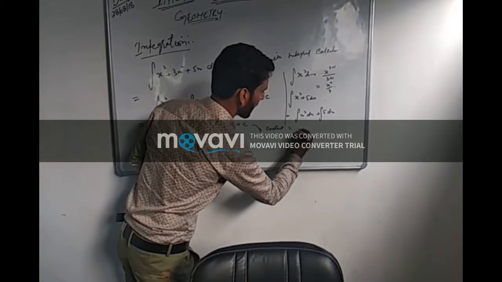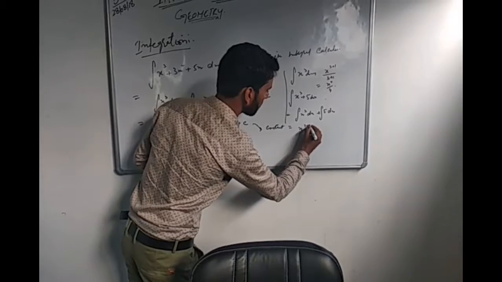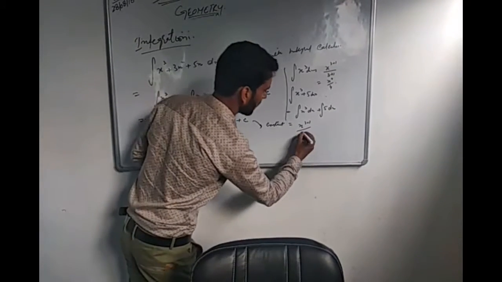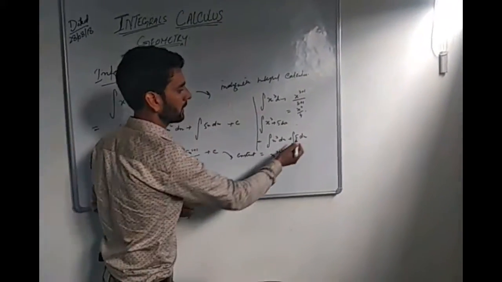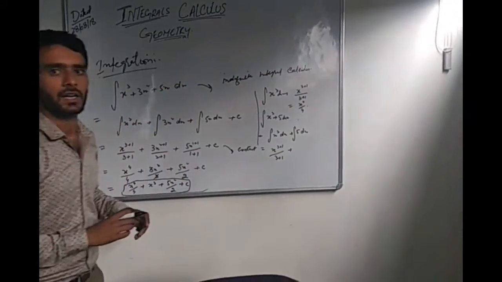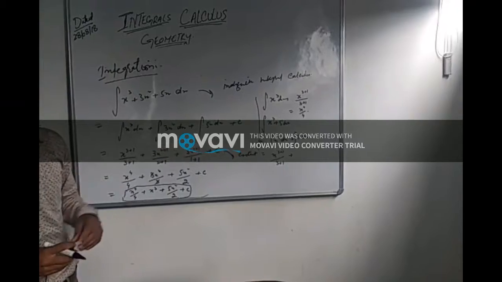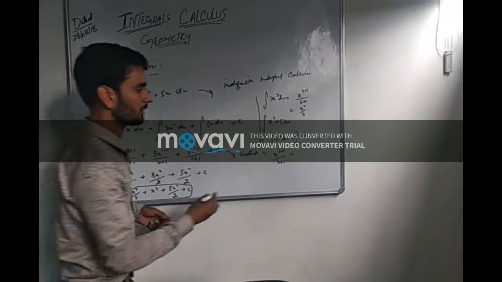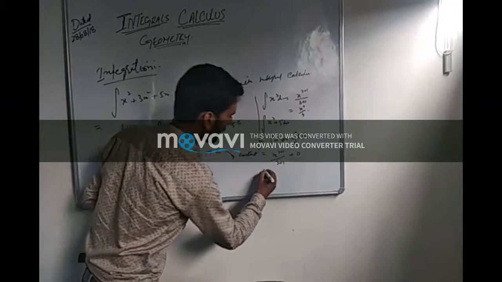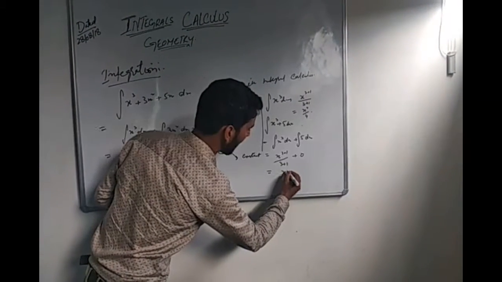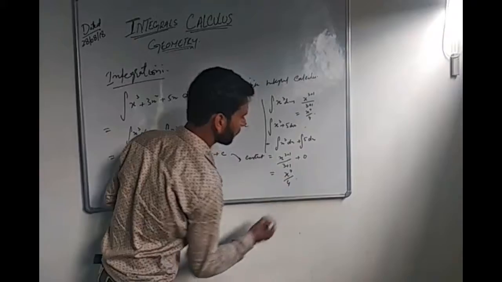It will be x raised to 3 plus 1 divided by 3 plus 1, plus the integral of 5 dx, which is 0. Then the equation at last will be x raised to power 4 divided by 4.